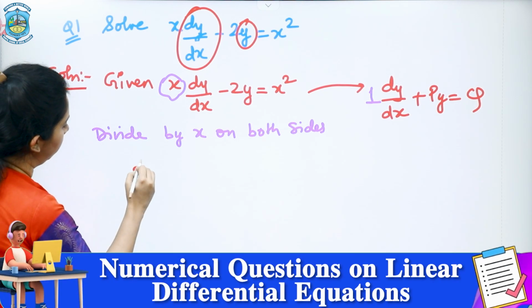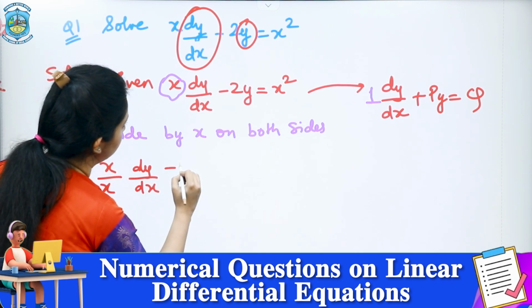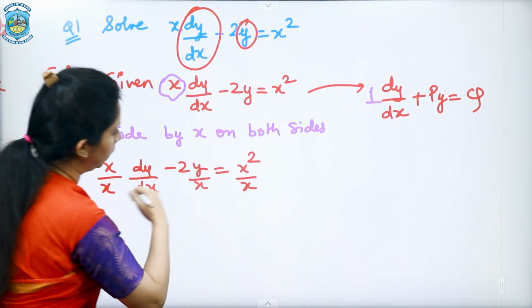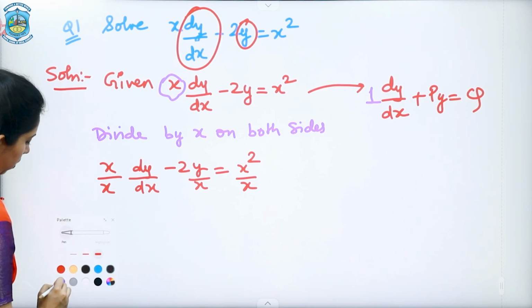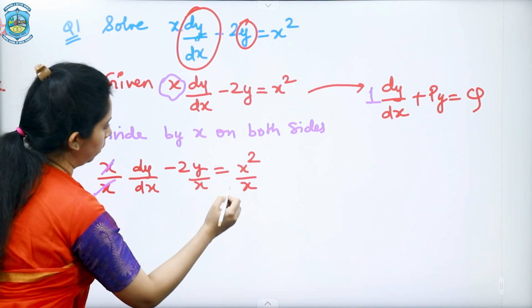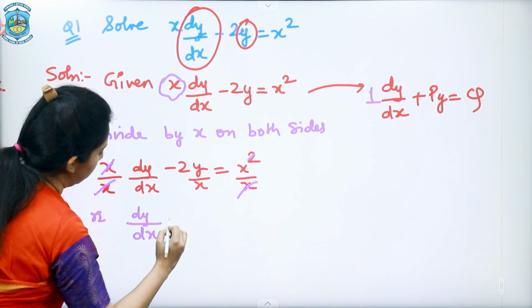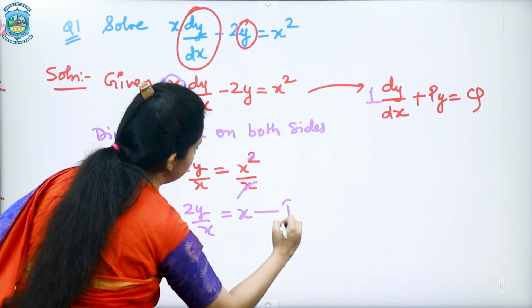This will become dy by dx minus 2y by x is equal to x square by x. Next step, we will cancel it out and the equation will be dy by dx minus 2y by x is equal to x. So this is equation number 1.